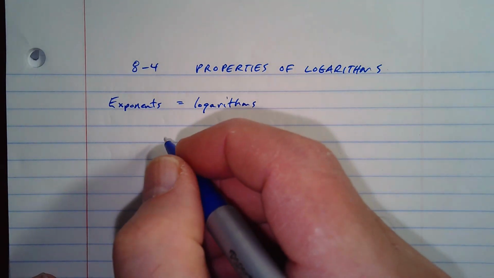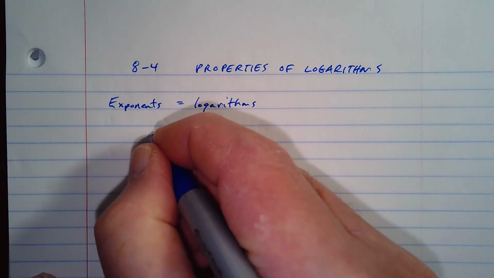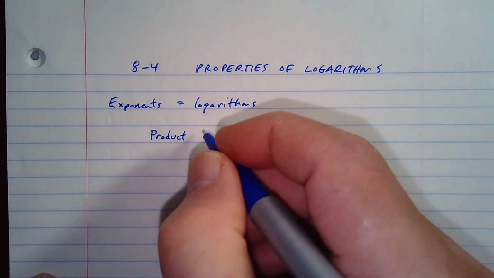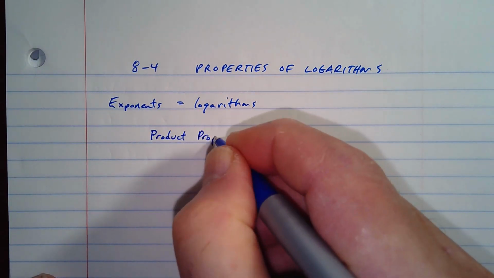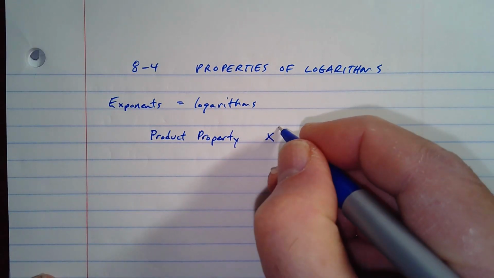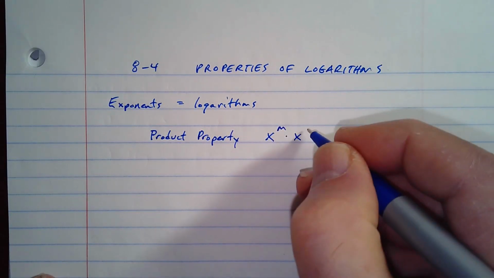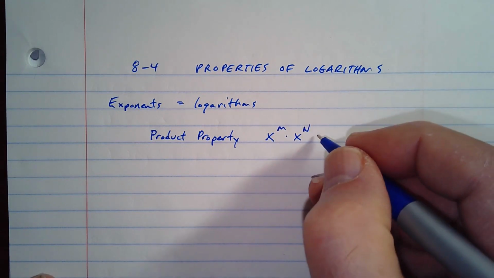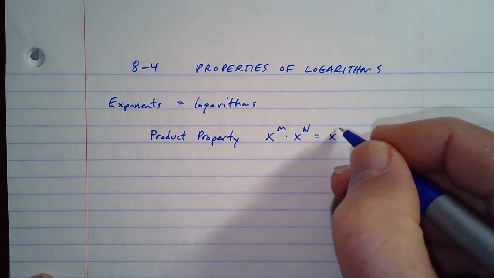So just a quick review here. We've got three main ones that we're going to be revisiting today. The product property, which says if I have a product of two powers, same base, then I can simply add up the exponents.